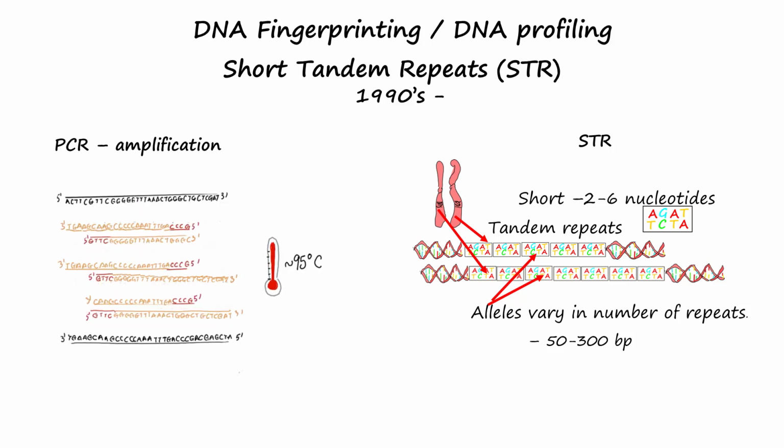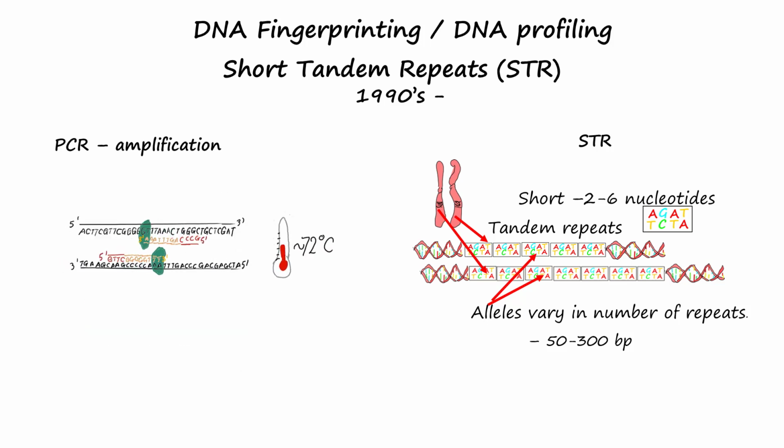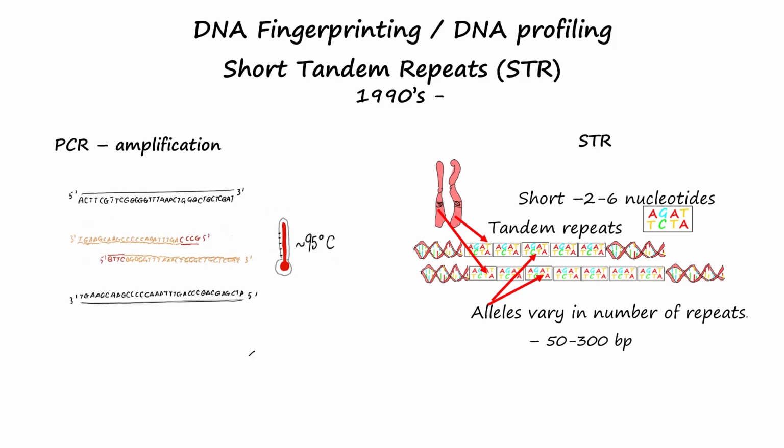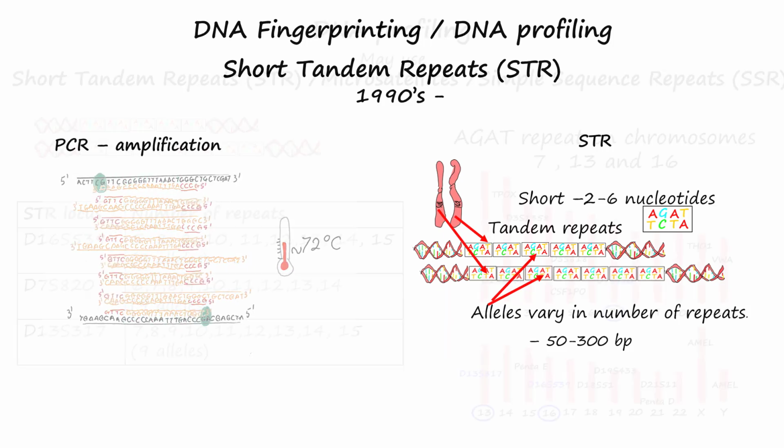PCR can amplify STRs more easily than VNTRs, as STRs are shorter, having a core unit of between 1 and 6 base pairs and repeats to about 50 to 300 base pairs.